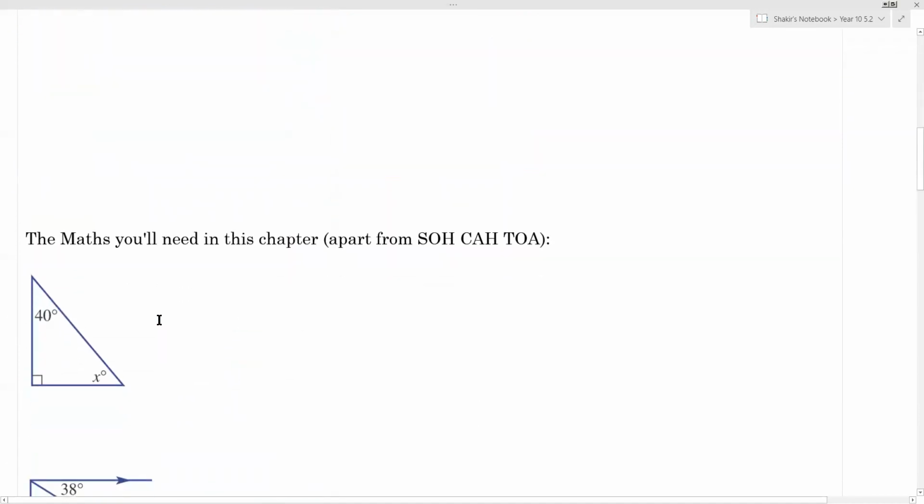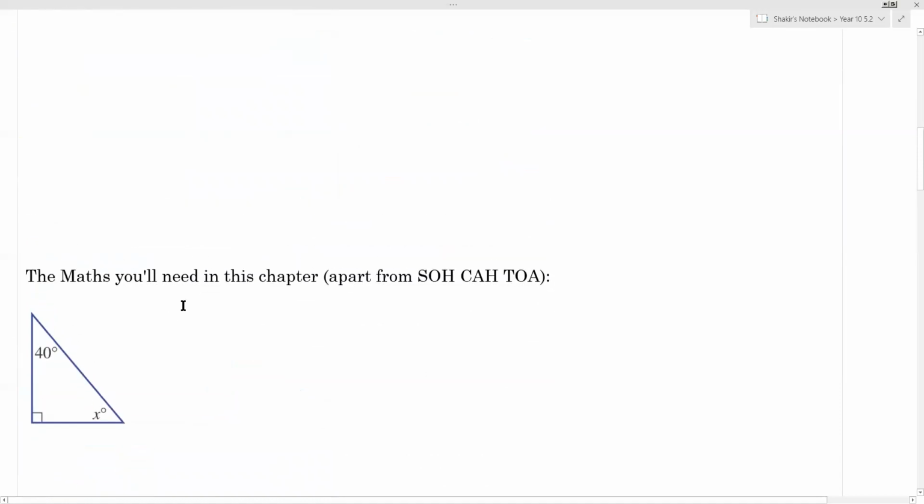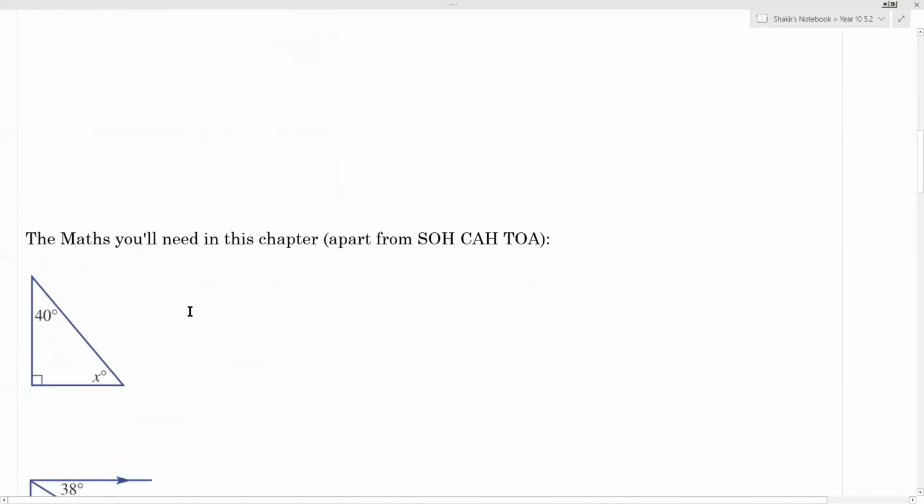Let's move on. The type of maths you'll need in this chapter, apart from SOHCAHTOA: first of all, you'll need to know the angles in a triangle add to 180. That's a right angle, therefore that's 90 degrees. So 90 plus 40 degrees plus x add to 180.